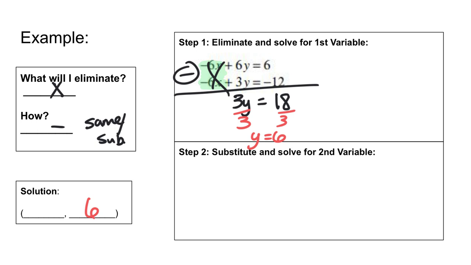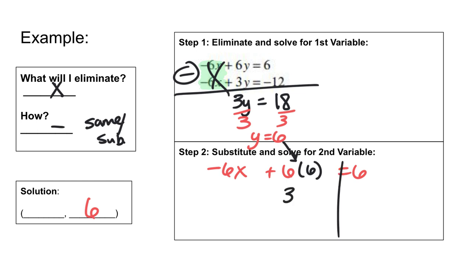Once I know what y is, I can go back and find x. I'm just going to plug into the top equation again. Negative 6x plus 6y equals 6. There's a lot of 6's in that already. And so because y equals 6, I'm going to take the y out, and I'll replace it with 6 as well. All right, and then we're going to solve that.